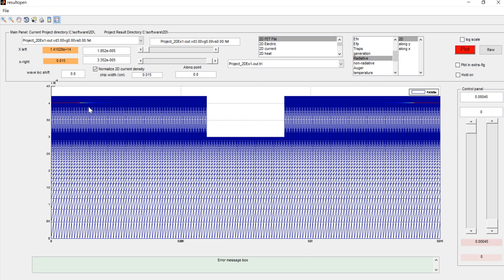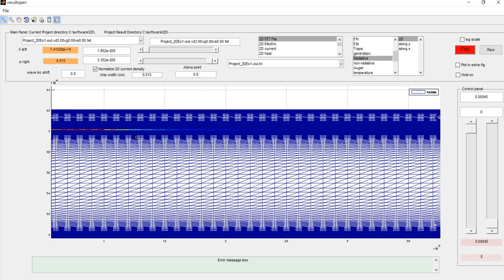So if you plot out the radiative recombination rate, it's very important to watch here. It's almost all current crowded under the P there.